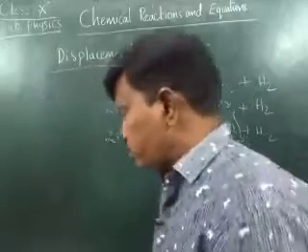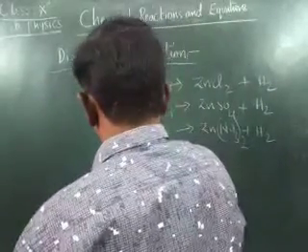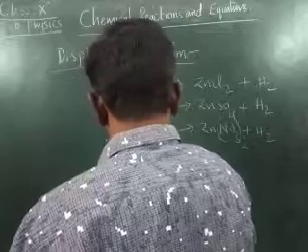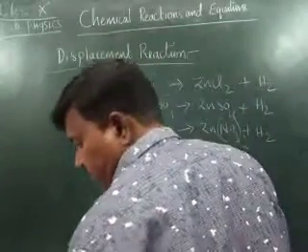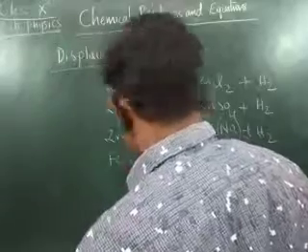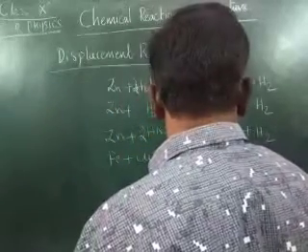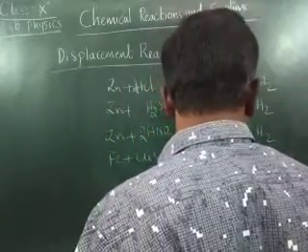iron reacting with copper sulfate gives iron sulfate, and here copper is displaced.